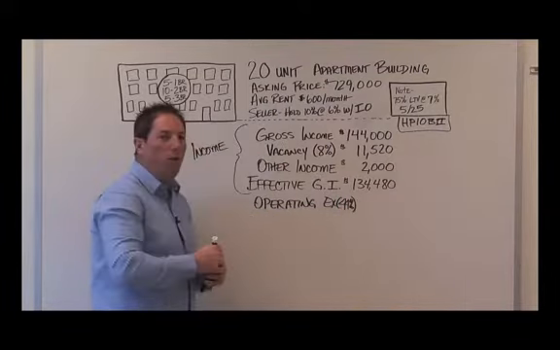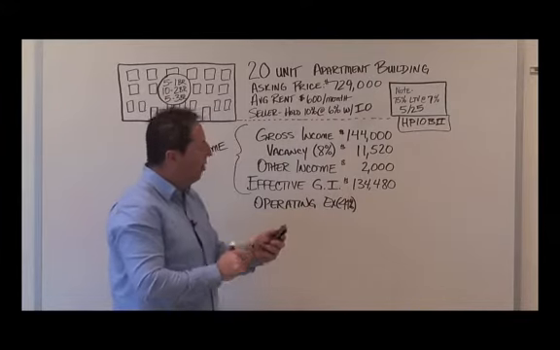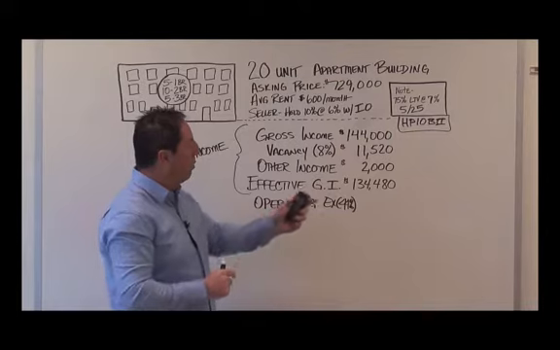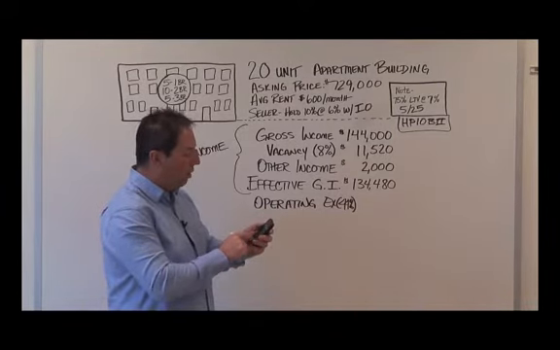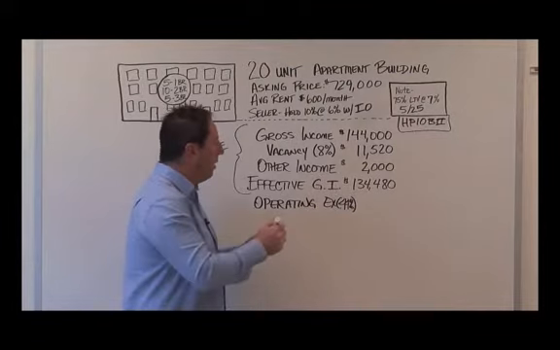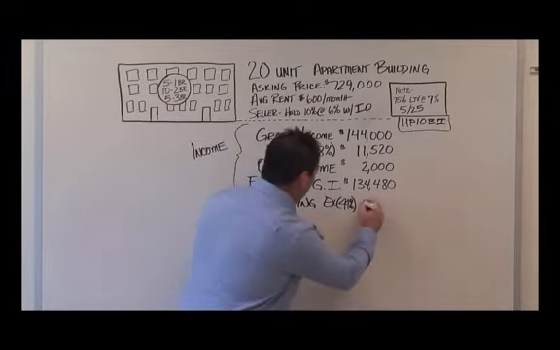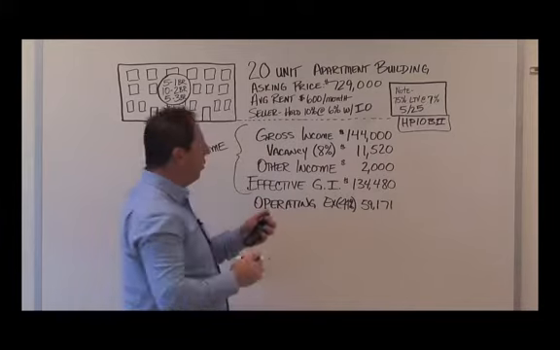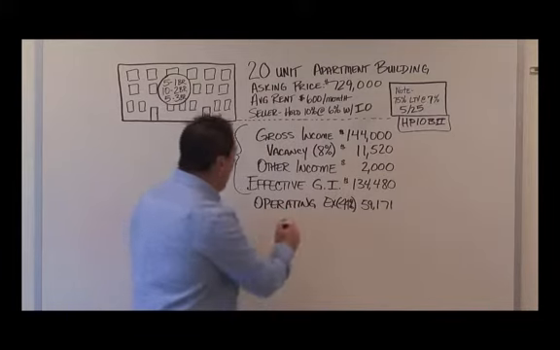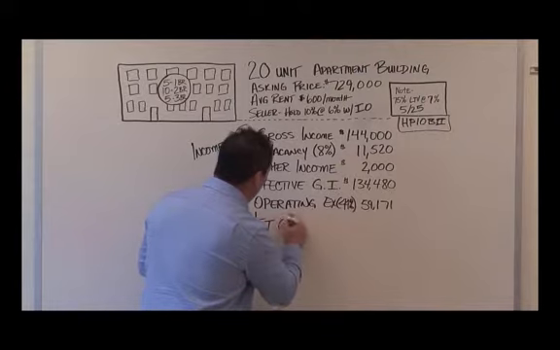So what I'm going to do is take my EGI, and you do this with me please, my EGI of 134,480, and I'm going to subtract 44% of that, which is 59,171. And now I'm going to arrive at my NOI, my net operating income.